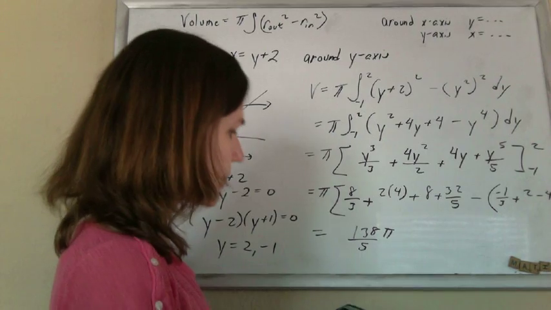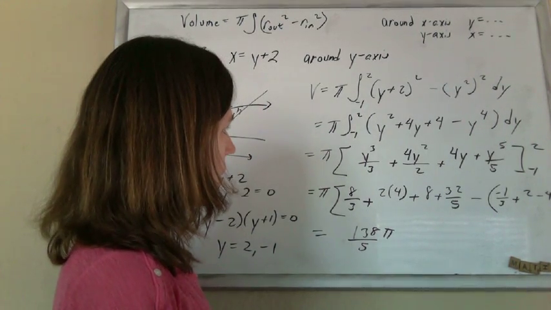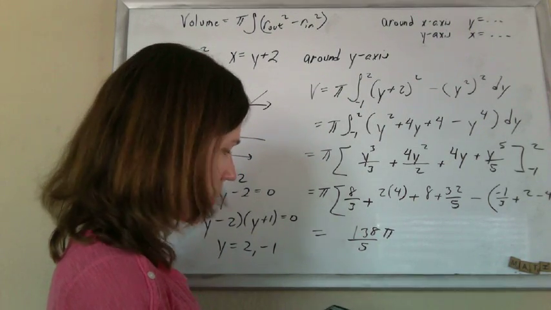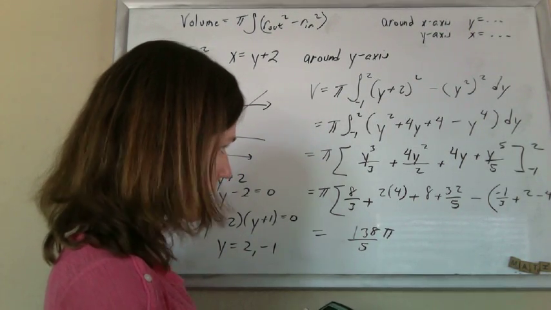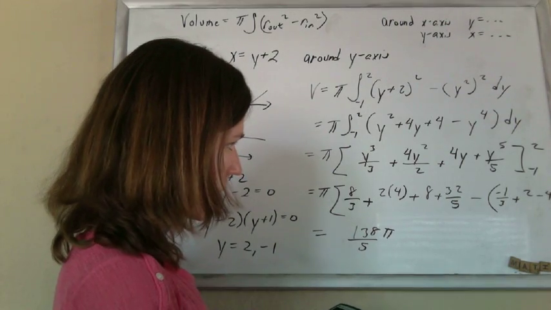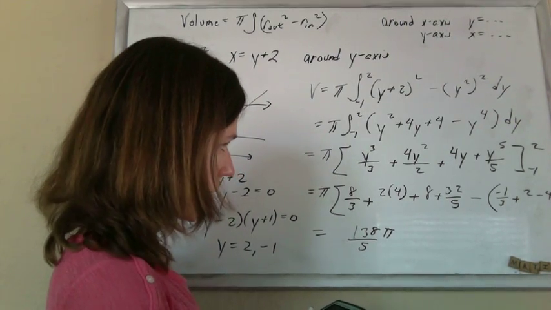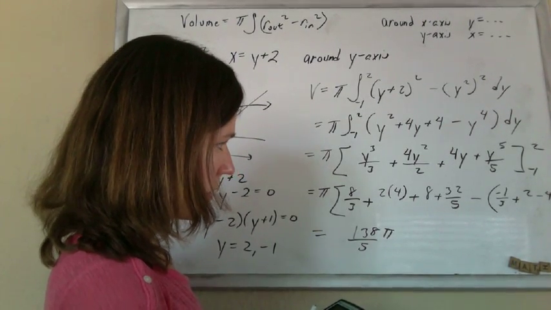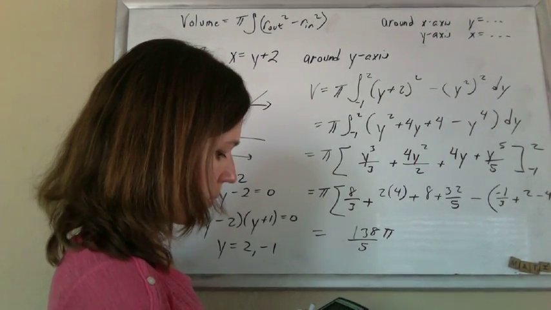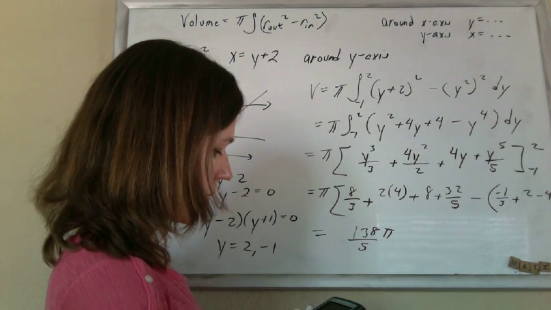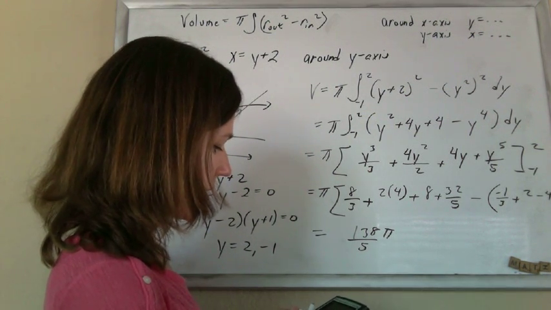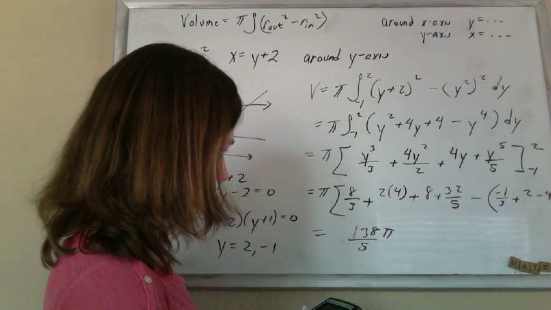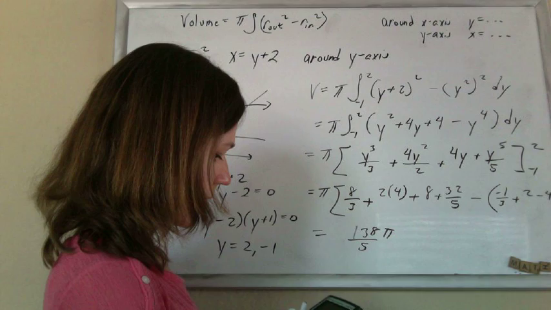So I'm getting 8 thirds plus 8 plus 8 plus 32 fifths plus 1/3 minus 2 plus 4 plus 1/5. Math, enter, enter. Oh, sheesh, now I got something different.